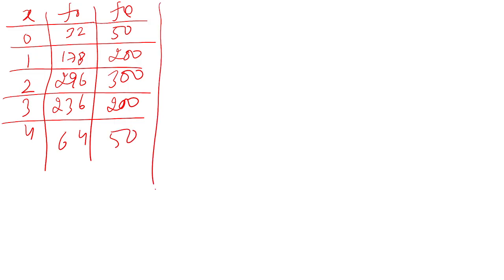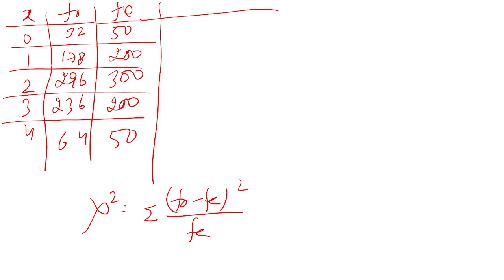Now what do we calculate? Because we know that chi square is the summation of (fo minus fe) whole square by fe. That is the formula. So we calculate fo minus fe. 32 minus 50 is minus 18.